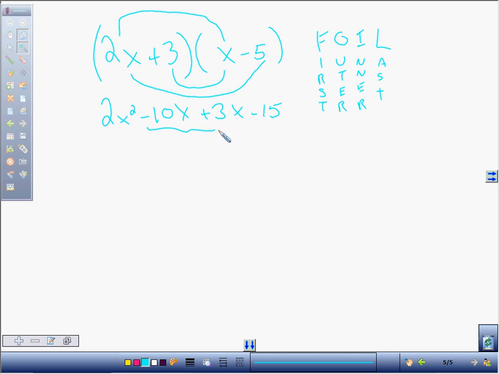Since these are the only like terms, I have 2x squared minus 10 and plus 3, which is negative 7x, minus 15. Oops, I forgot to do last. Those are the two last terms, 3 times negative 5.